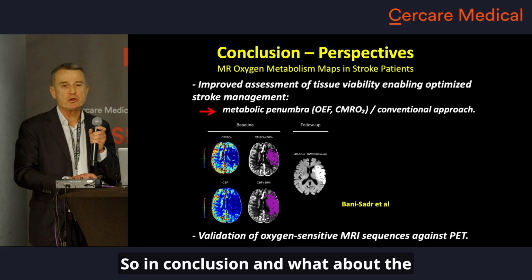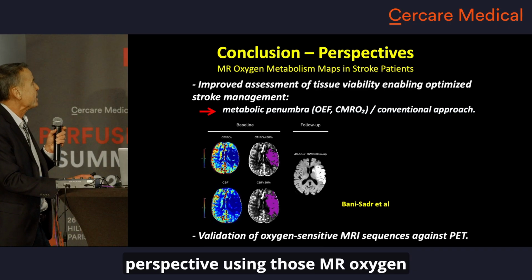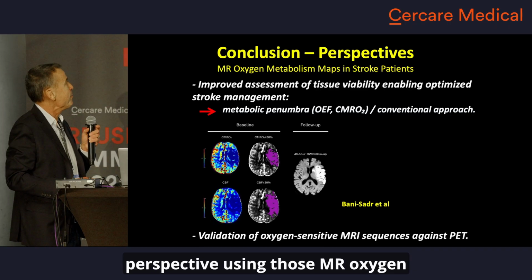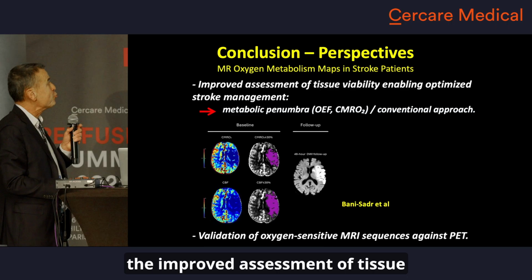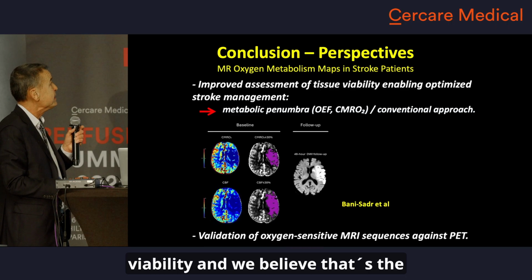So in conclusion, what about the perspective of using those MR oxygen metabolic maps in stroke patients? Of course, I think the most important is the improved assessment of tissue viability.